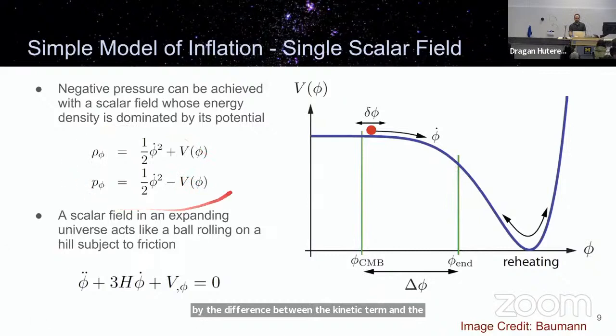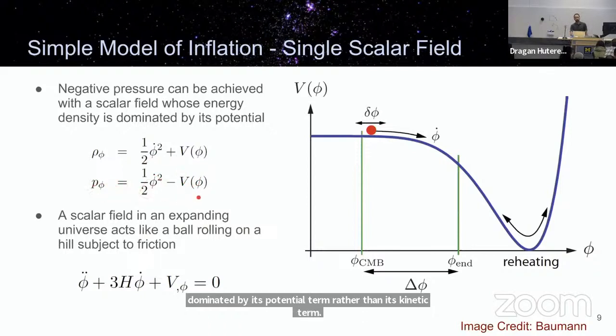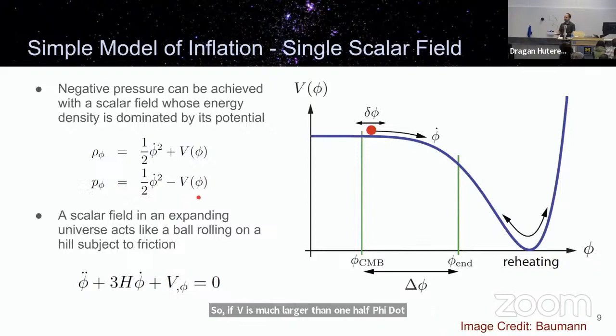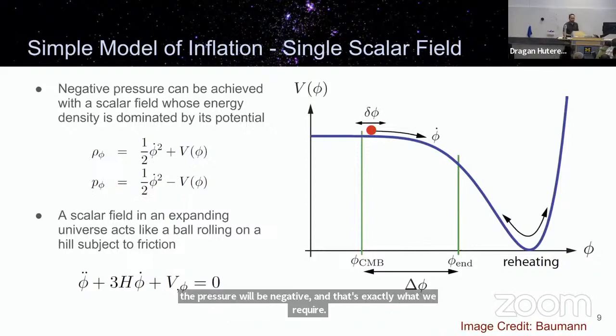With this fact alone, you can see an easy way to arrange for negative pressure: imagine the universe has an energy density dominated by a scalar field whose energy density is dominated by its potential term rather than its kinetic term. So if V is much larger than 1/2 phi dot squared, the pressure will be negative. And that's exactly what we require in order to get an accelerating period of expansion.